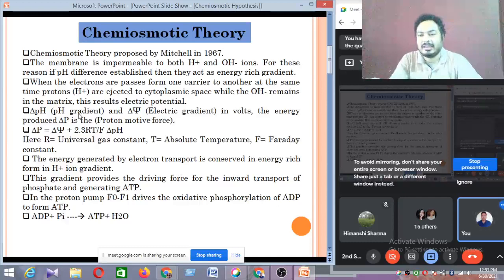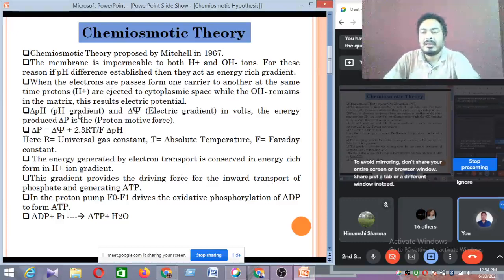And with the OH negative ions present in the matrix area, the matrix becomes basic in nature. The matrix becomes basic, and the cytoplasmic side becomes positive, which you can say is acidic in nature.